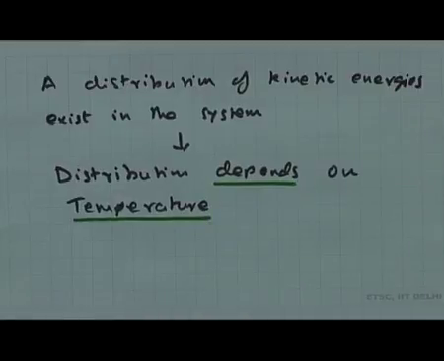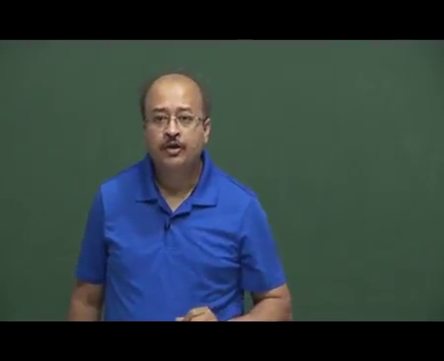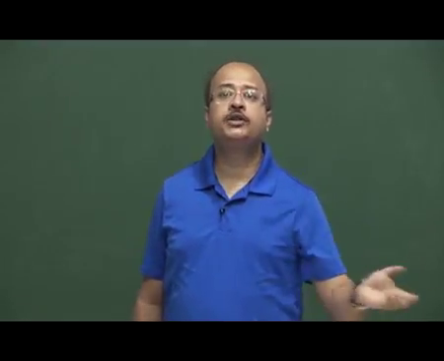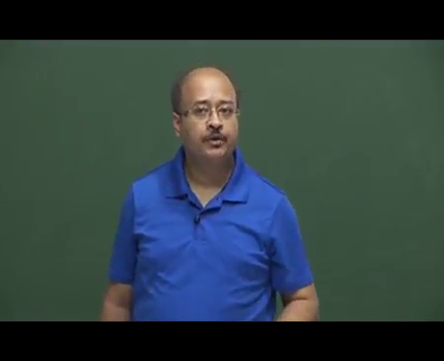First, let's not worry about the distribution. If I have a certain temperature, say 300 Kelvin, the kinetic energy say is E1. Now if I increase the temperature to 600 Kelvin, obviously the kinetic energy is going to increase, right?